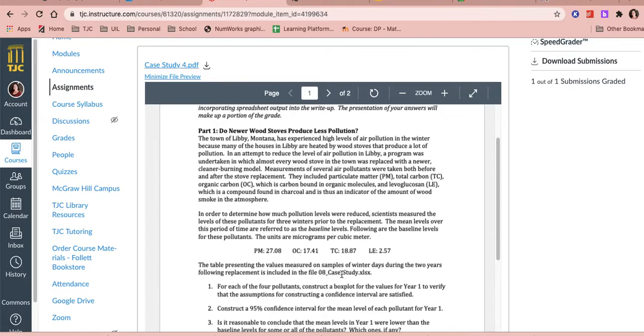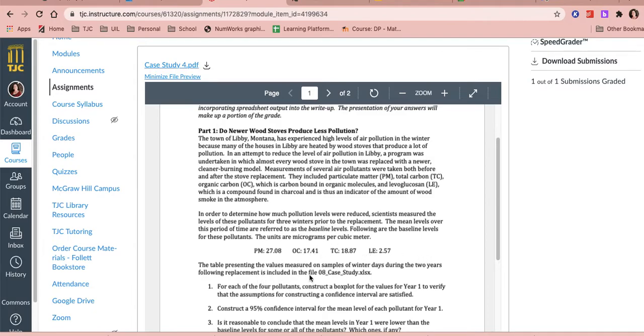What's in that data is the data for year 1 and year 2 following replacement for each of these 4 pollutants. So it'll say year 1, PM, and have a set of data, OC, and have a set of data, TC, and have a set of data, LE. Then it has the same thing for year 2.